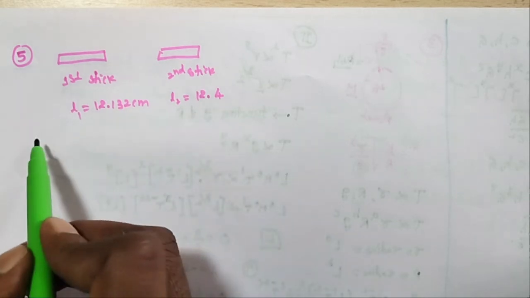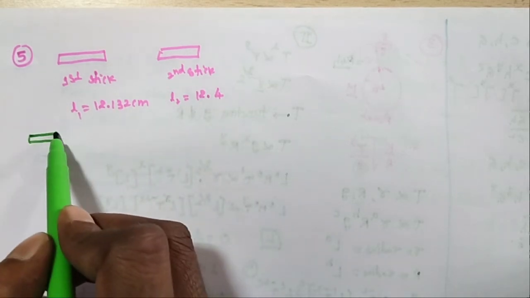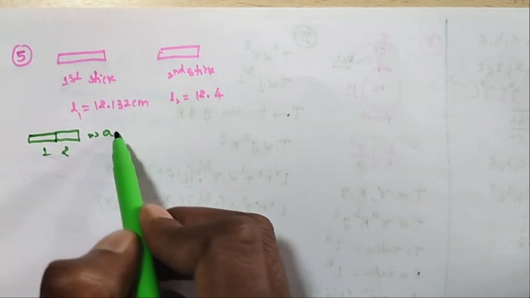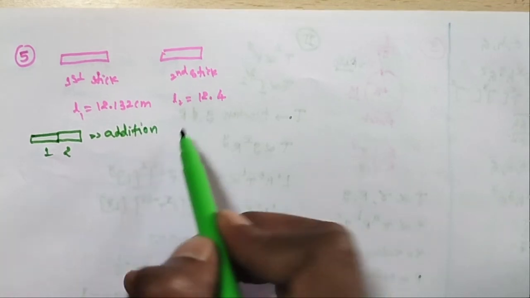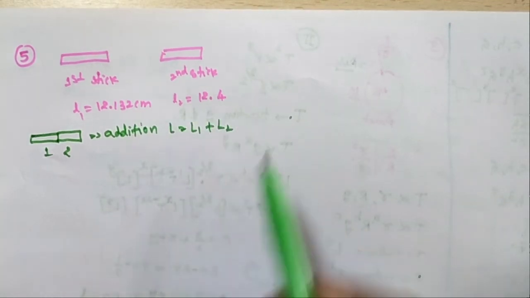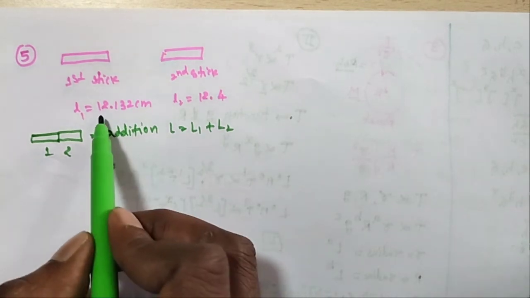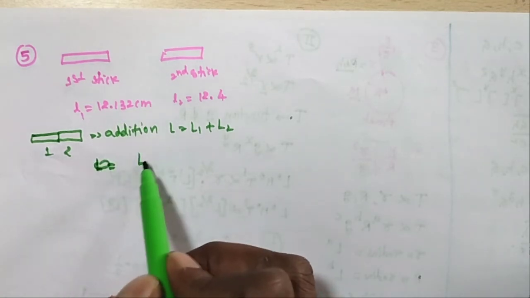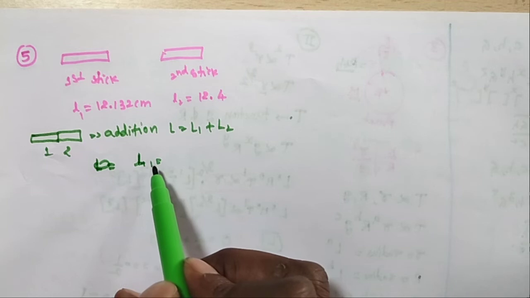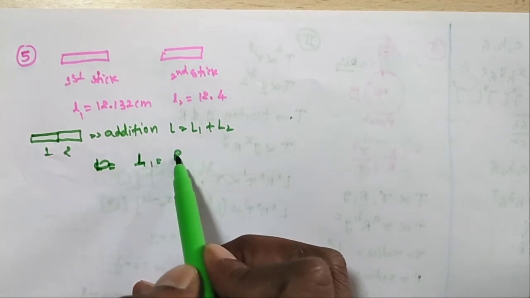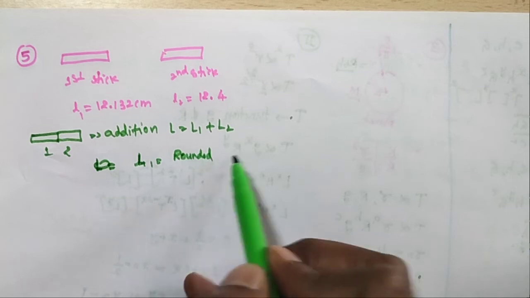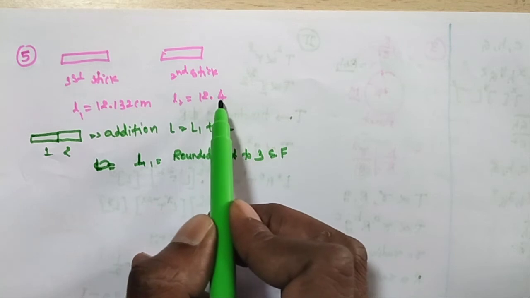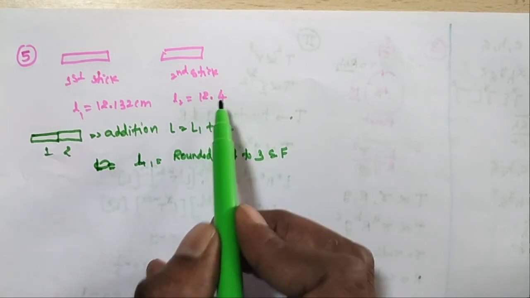So first, adding end to end. This is the first stick, this is the second stick. End to end means it is addition. That is, total length is equal to L1 plus L2. So here L1 means 12.132 centimeter. I am taking L1 as a rounded-off number, rounded off to 3 significant figures, because 12.4 is 3 significant figures.